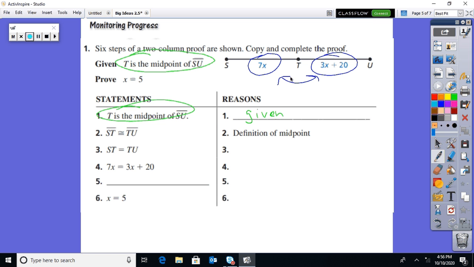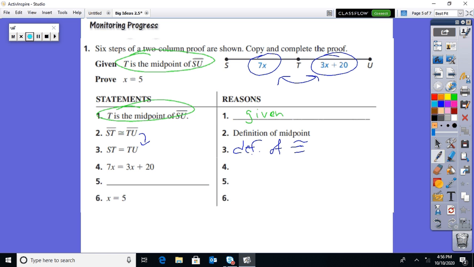Then when I go back and forth between equality and congruence, this is a step that doesn't need to be done once we start writing our own. But for now, we're going to just play their little game here. So that's the definition of congruence again. Congruence allows you to go from the congruence symbol to the equal sign one way or another.